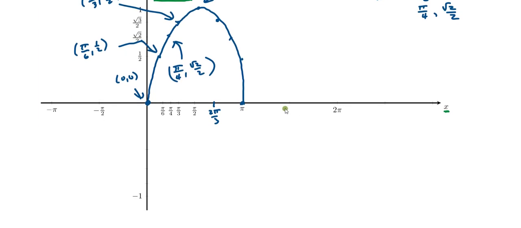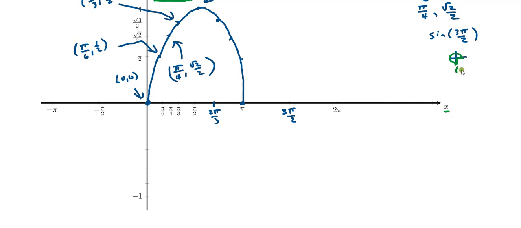Let's go ahead and point this out. If this were the angle 3 pi over 2, then we need to find the sine of 3 pi over 2. What is the sine of 3 pi over 2? Well, if you're not sure, draw yourself a quick little sketch of the unit circle. And the angle 3 pi over 2 is this angle right here.